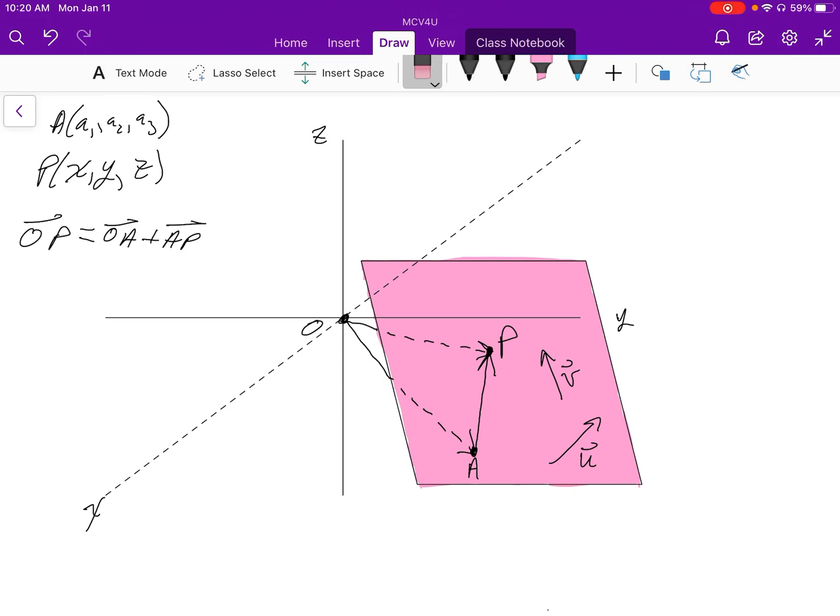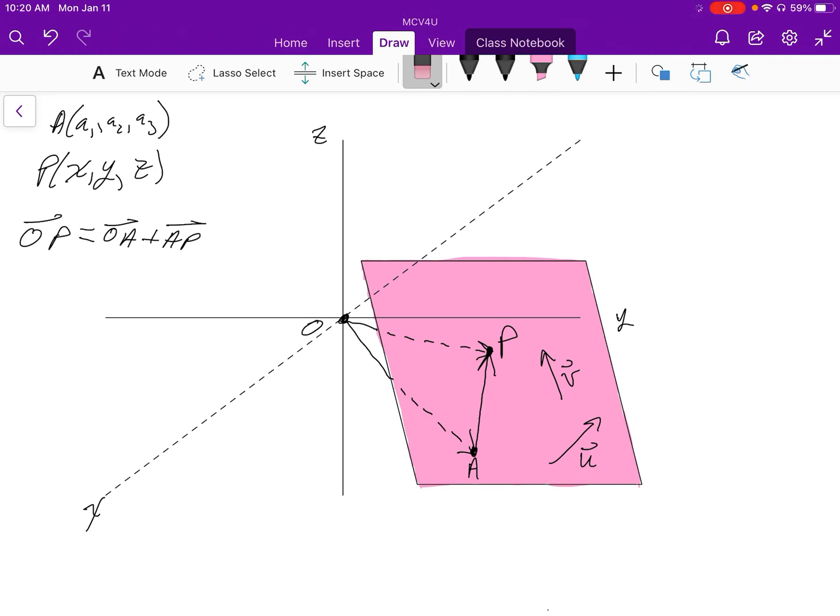Again, we've got these vectors u and v that are on the plane, and so u and v are going to act like two direction vectors.